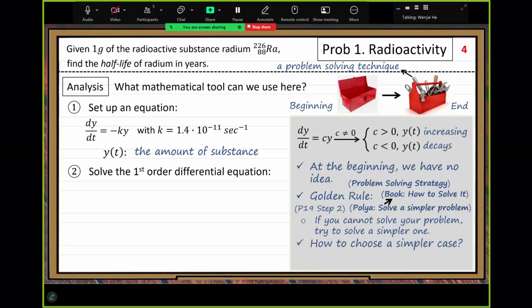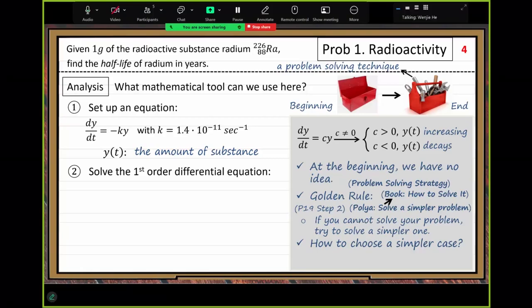All right, so here, let's apply it. How to choose a simpler case? Because the general case, using our background knowledge, we feel is a little hard to solve. Now we want to simplify it. Our first try, we only want to solve the simplest possible case. So for what C is the simplest?